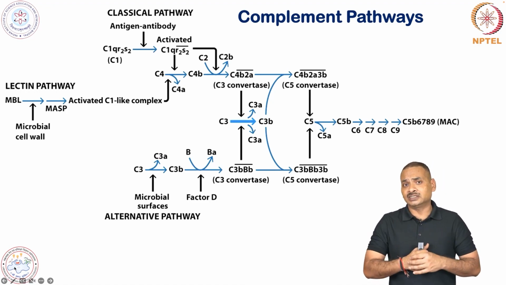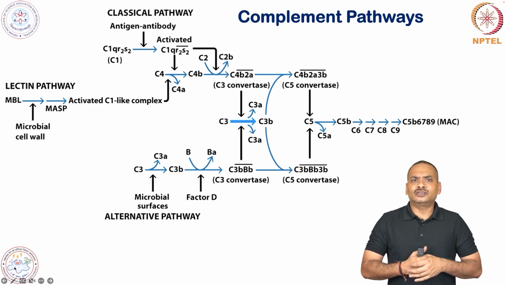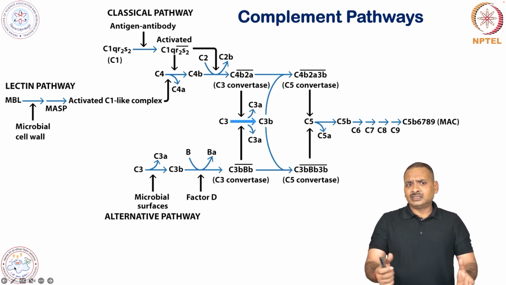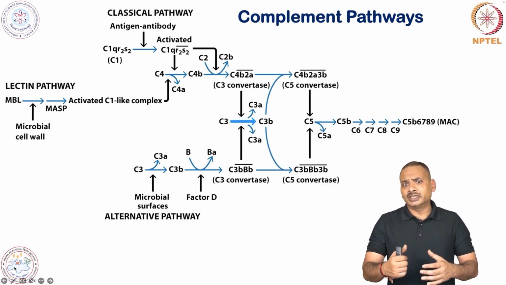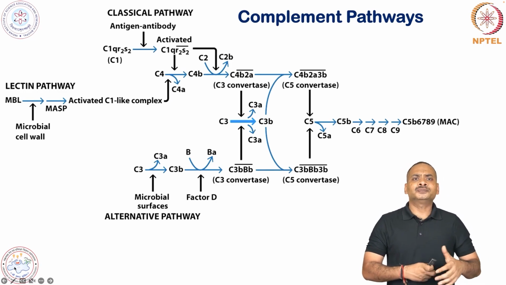As you can see in this slide, there is a bar. Both the classical and lectin pathways generate this kind of C3 convertase. I will discuss all these pathways in more detail when I take up each individual pathway. With this I am stopping here, and in the next session we will discuss the particular pathways. Thank you.